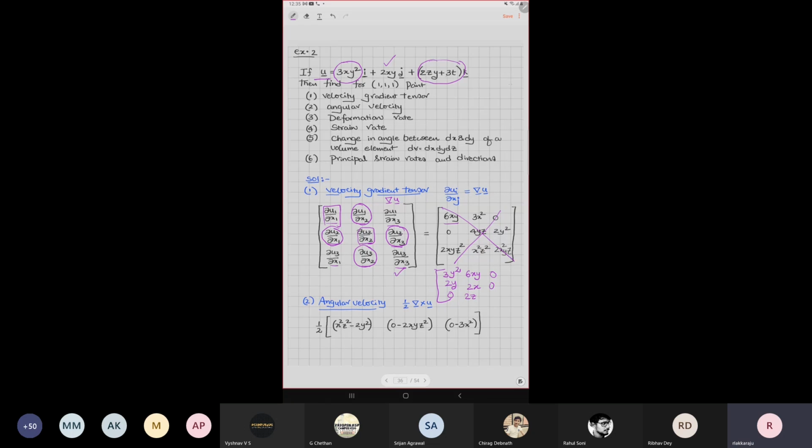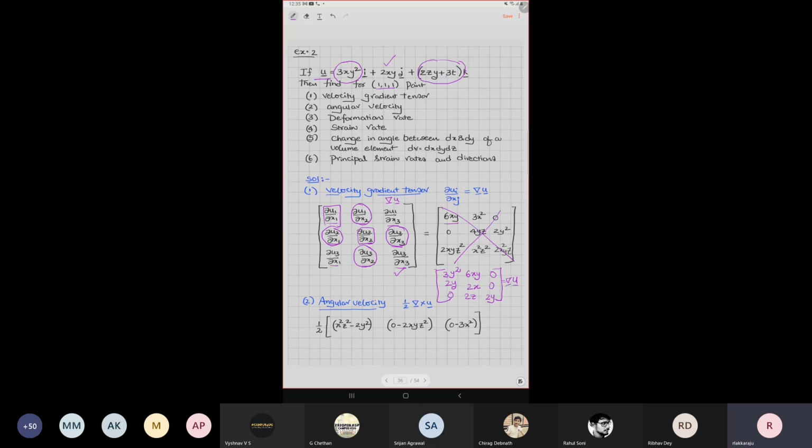So 3 is with respect to z, 2y. This is the velocity gradient tensor. There I need to really apply at 1, 1, 1 kind of components. If I am going to do that, I will get velocity gradient tensor. This is the way we have to work it out.